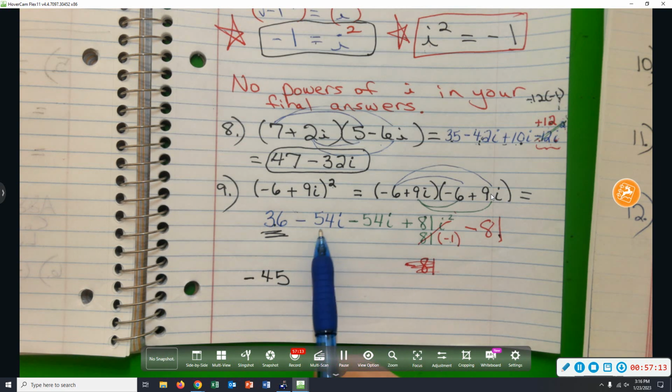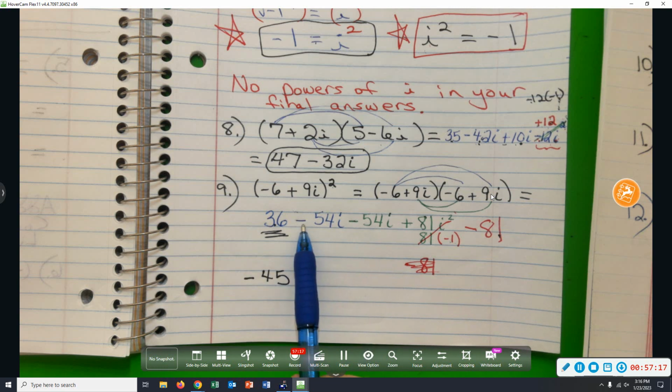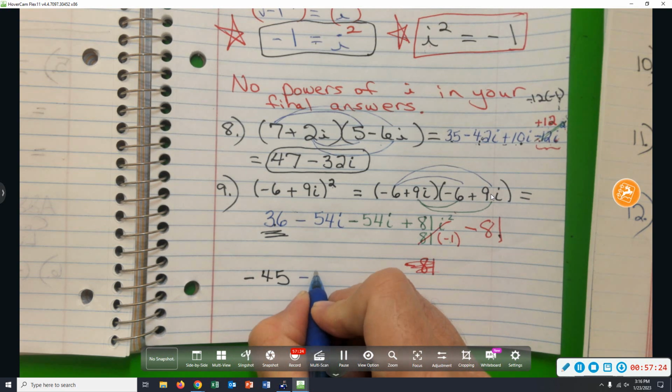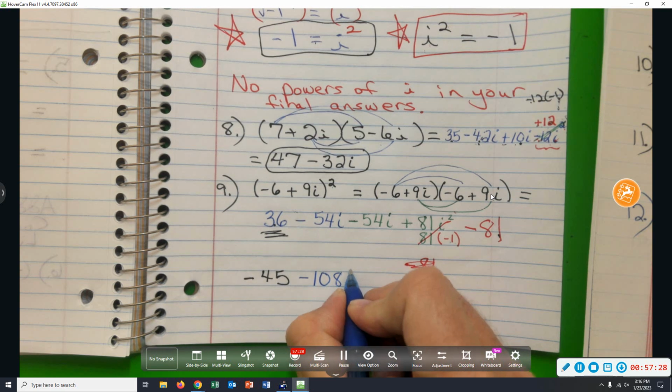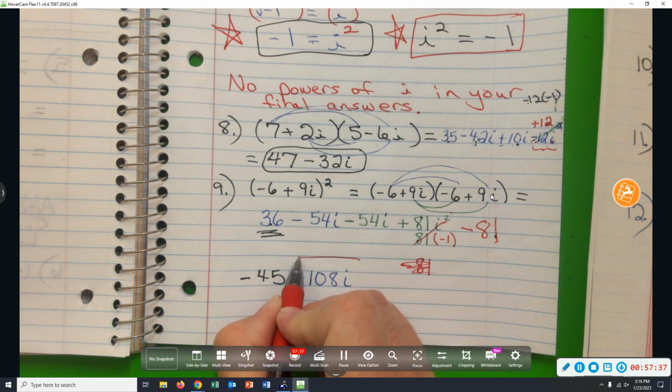No, they don't. Negative 54i minus 54i. Negative plus negative is negative 108i. So we have a negative 45 minus 108i.